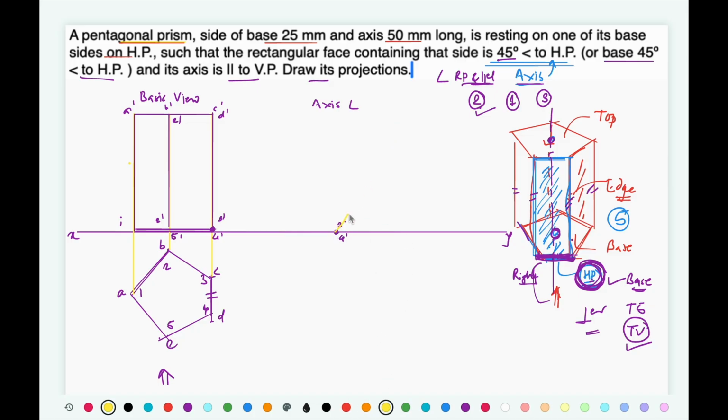The line is inclined at 45 degree. If this line is inclined at 45 degree, its base is also going to be inclined at 45 degree. That is also given in the question. And complete the view.